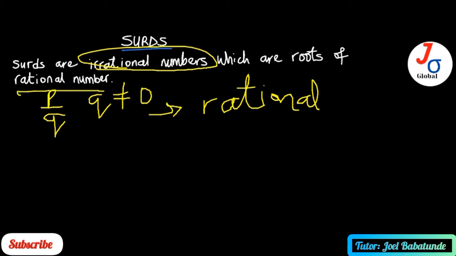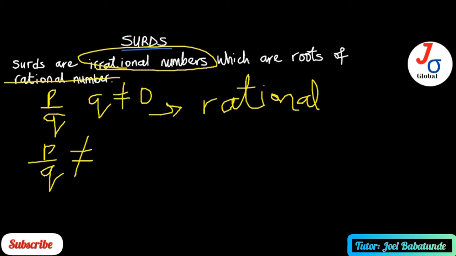If it cannot be written in this form, then it is an irrational number. So if you can write a number as a fraction, it's rational. If you can't, it's not.